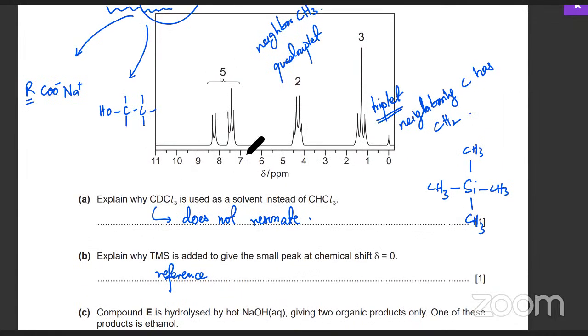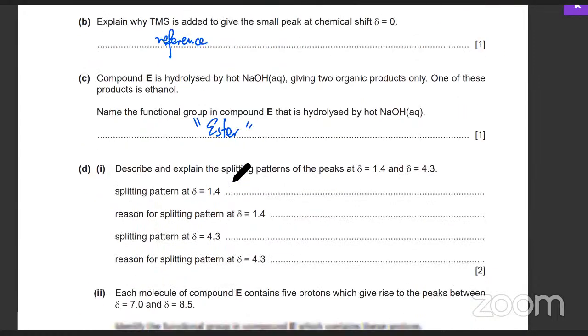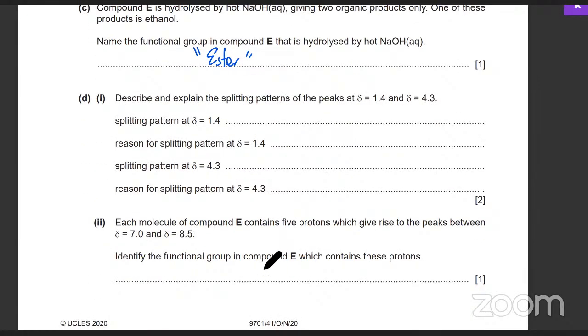So there are 5 protons, 2 different peaks. And it then states, identify the functional group in compound E which contains these protons. And he's talking about a single functional group, or which contains these protons. He's talking about E, 5 protons.